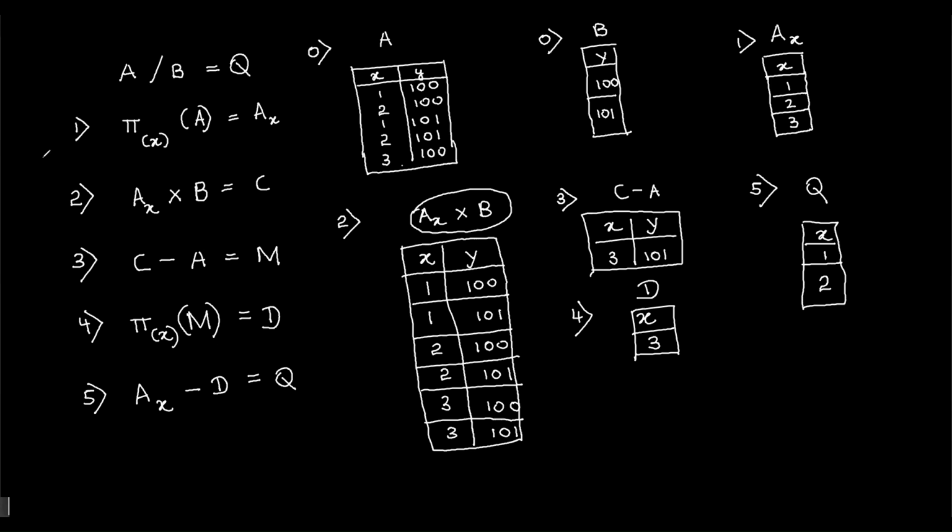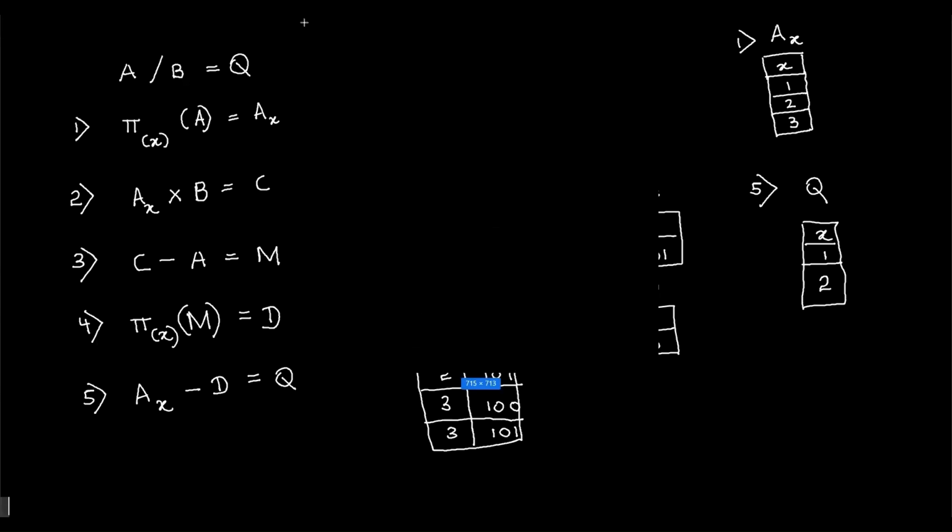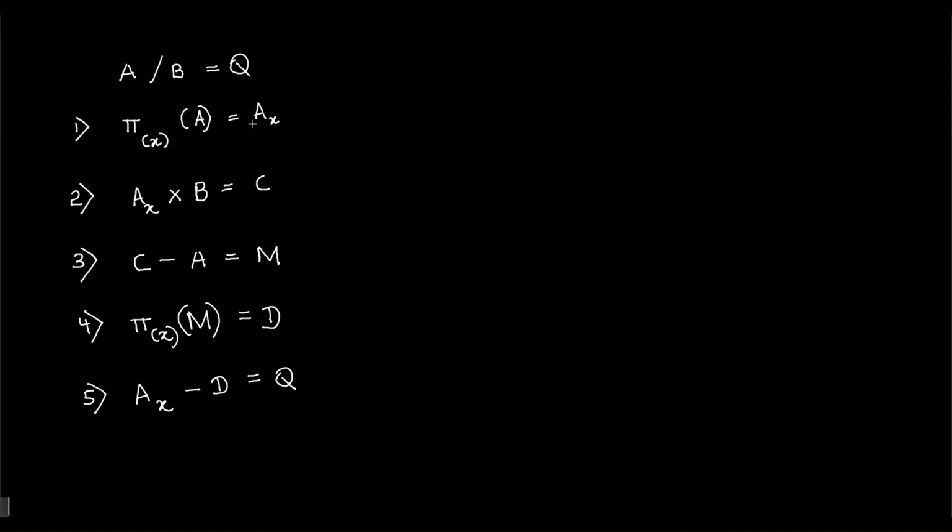Now I'm going to introduce you to the formal definition using all these ideas. From this, we are going to understand the expression for division. So let's try to understand the formal expression.